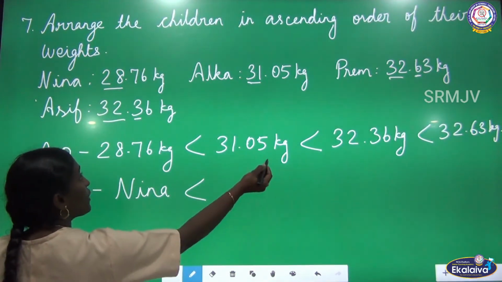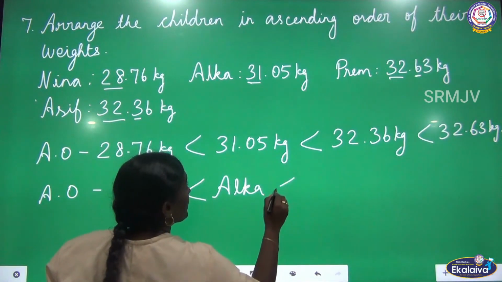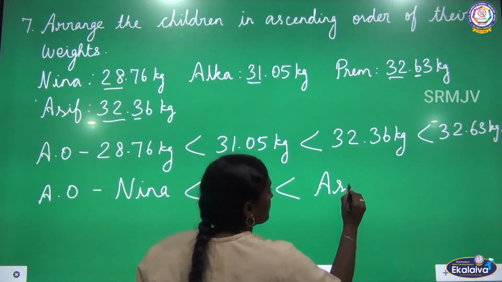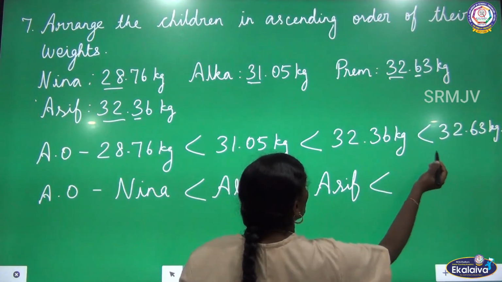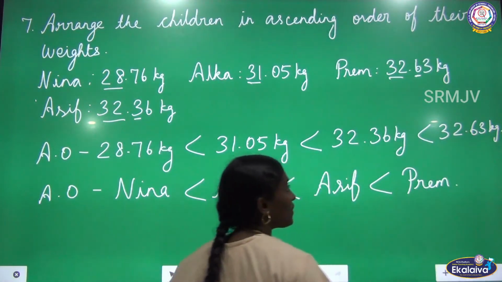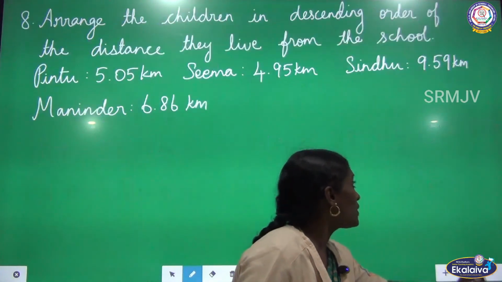Okay, then 31.05, that is weight of Alka. Then 32.36, that is Asif. And 32.63, that is Prem. Okay, we have arranged the given children in ascending order according to their weights.